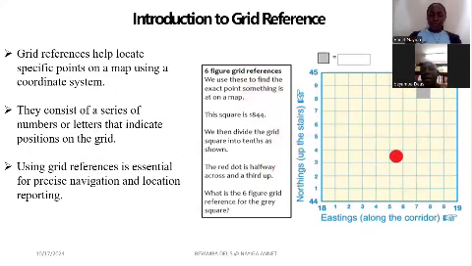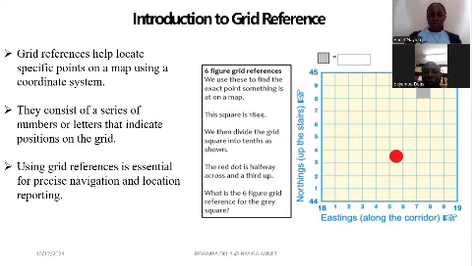Now, if we go to the next slide, we are thinking about the introduction to grid differences. Grid differences help to locate specific points on the map using a coordinate system. They consist of a series of numbers or letters that indicate positions on the grid.